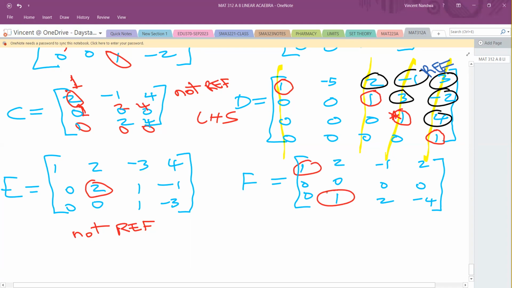E matrix is how many rows? How many rows are in this matrix? 3 rows. Yeah, that's easy.